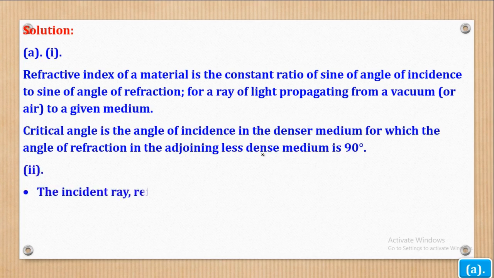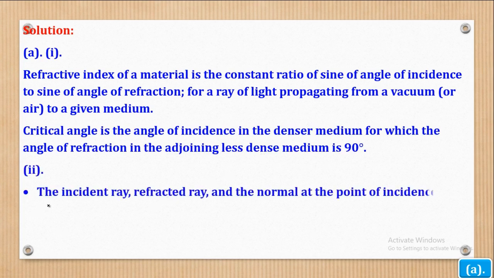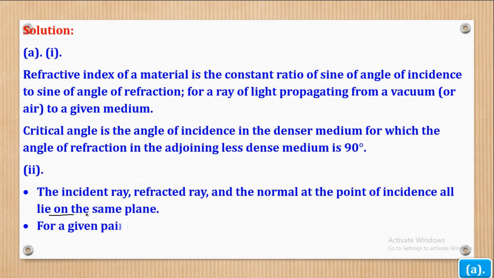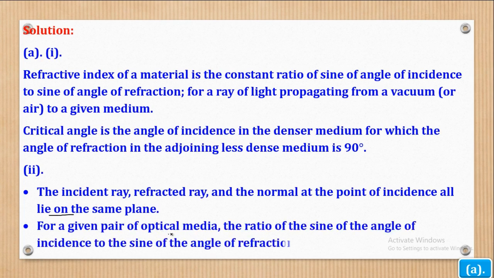Then 2, they wanted the laws of refraction. So the first one, we shall say that the incident ray, refracted ray, and the normal at the point of incidence all lie on the same plane. Then 2, we shall say that for a given pair of optical media, the ratio of sine of angle of incidence to sine of angle of refraction is a constant.